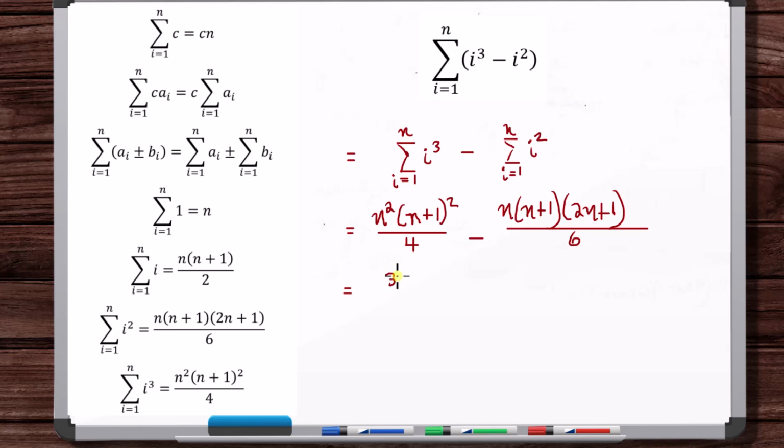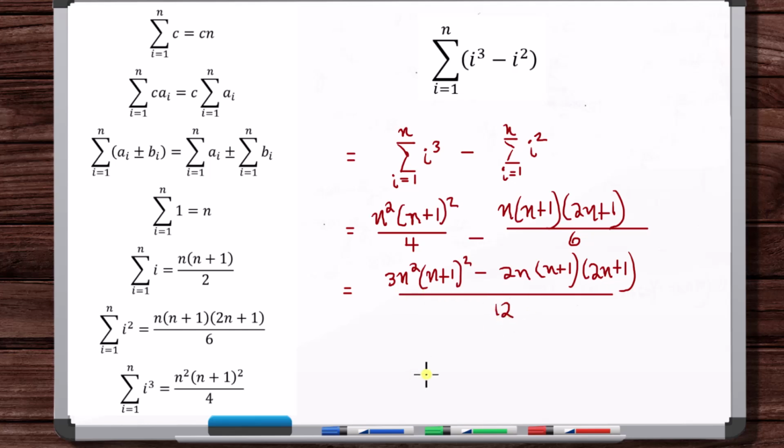We'll have a 3n squared over 12. And then to make this over 12, it would be 2n.